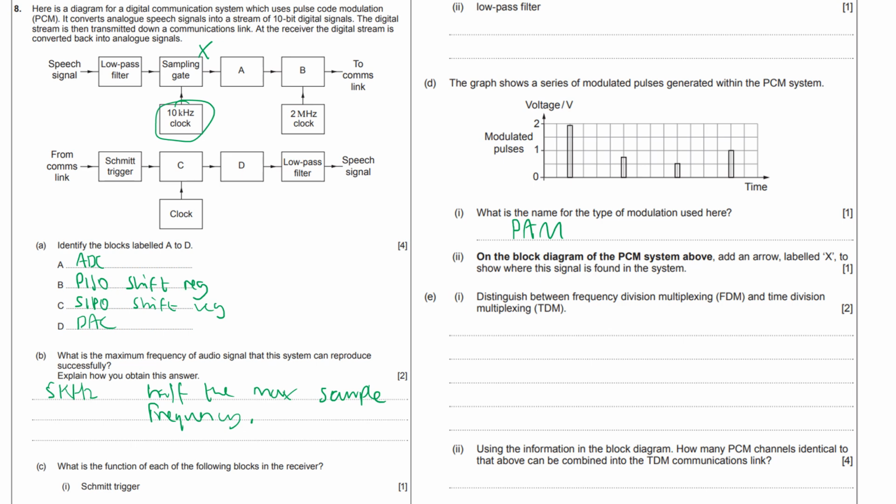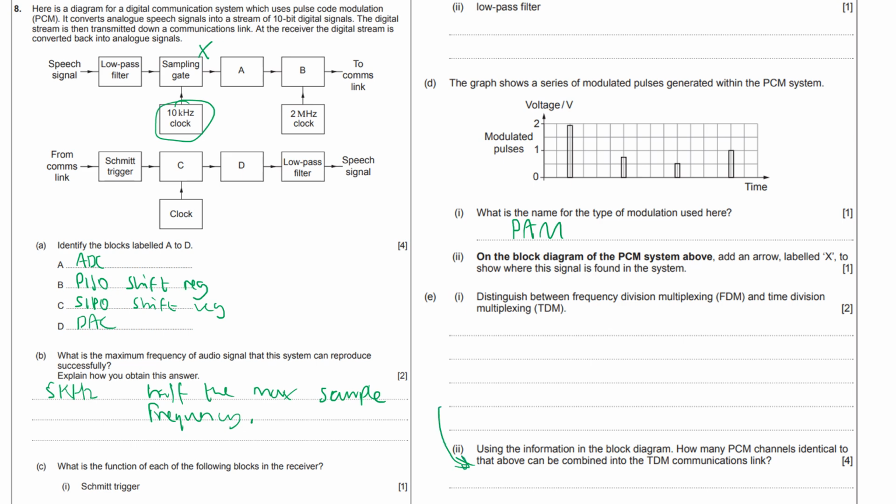So using the information in the block diagram, how many PCM channels identical to that above can be combined onto the TDM link? I'm going to write this answer here, just so you can see.